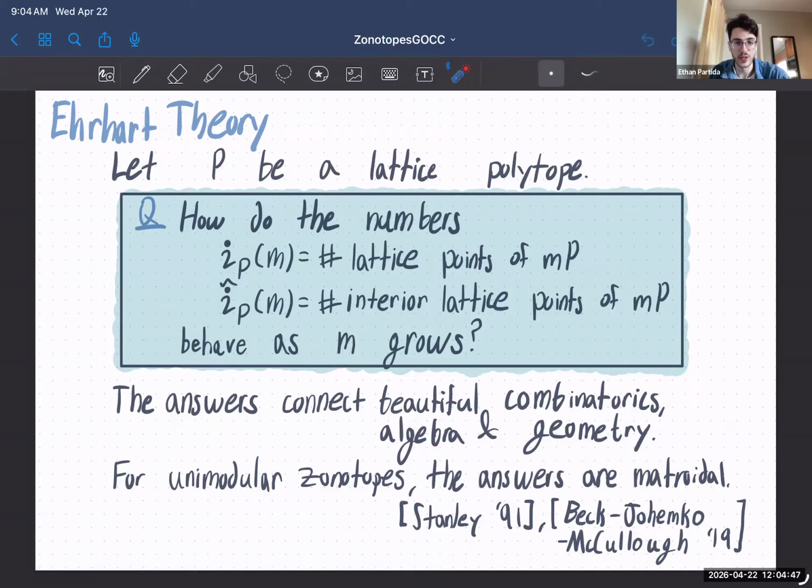So things can be written in terms of an associated matroid, and maybe the matroids actually inform some of the answers as well. There's an older paper of Stanley which computes these numbers in terms of Tutte polynomials, and then Beck, Jochemko, and McCullough, they do many things, but in some sense they study the Ehrhart series, which I will review.